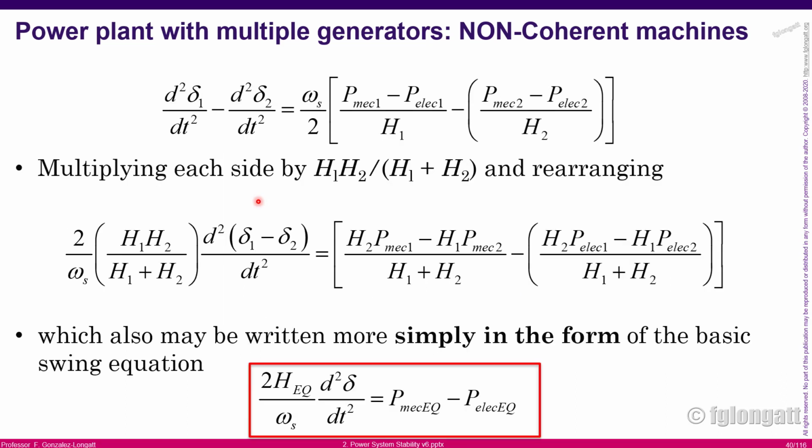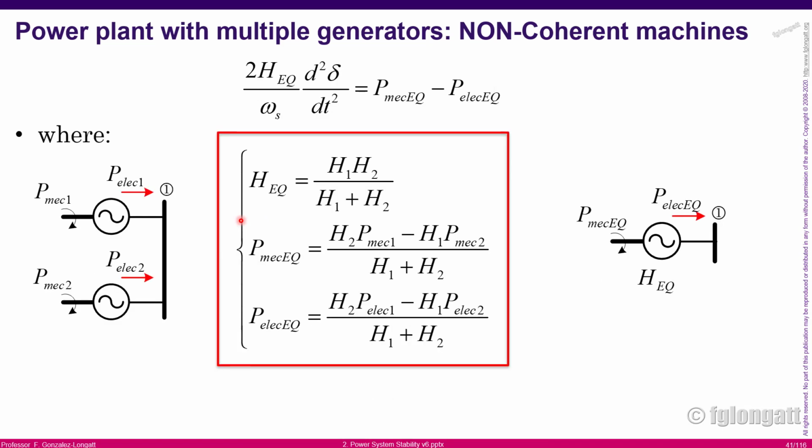But the important part here is that you look here. The angle that we are obtaining is the difference between delta 1 and delta 2. What I'm trying to say is that when we use this approximation, the angle that we obtain is not an angle referred to the synchronous reference.